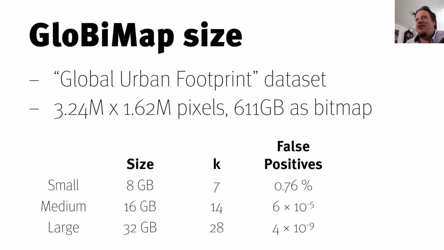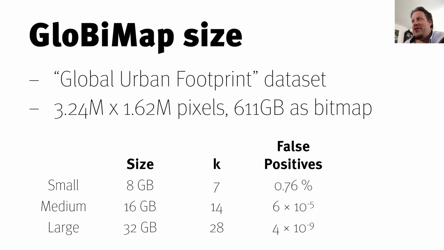We have this particular data set that we want to store and be able to query. So the thing that we're going to vary here is the size. We're going to pick 8 gigabytes, 16, or 32. And so then we have the number of bits and we have n, so we can optimize k to give us the best possible false positive rate, which is, in these cases, almost 1% or 10 to the minus 5 or even 10 to the minus 9.